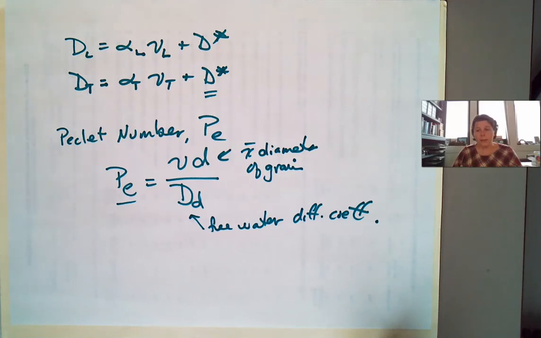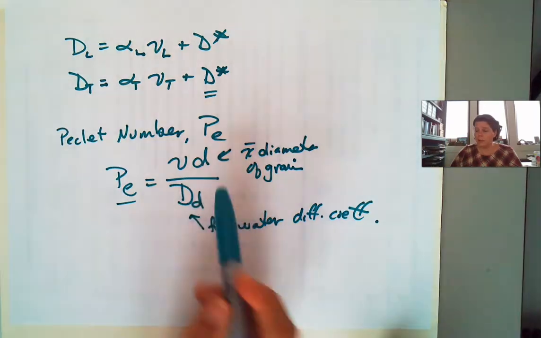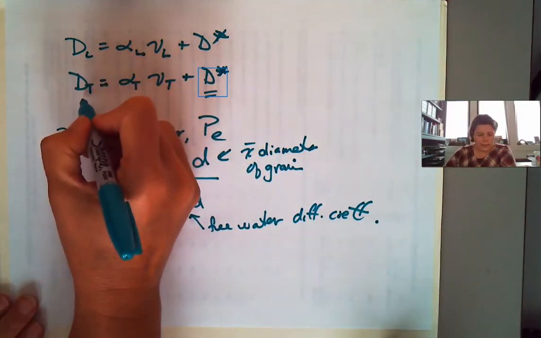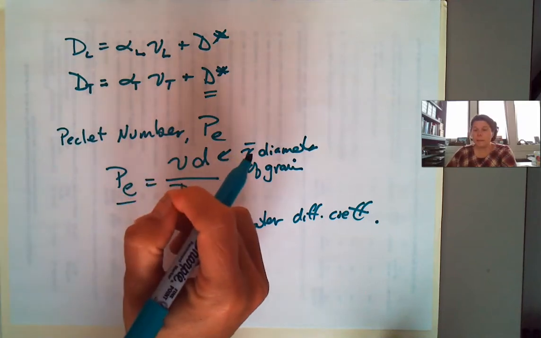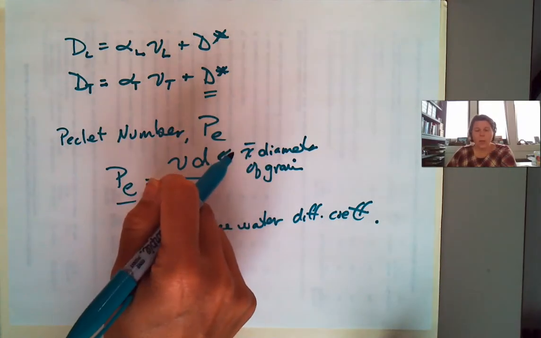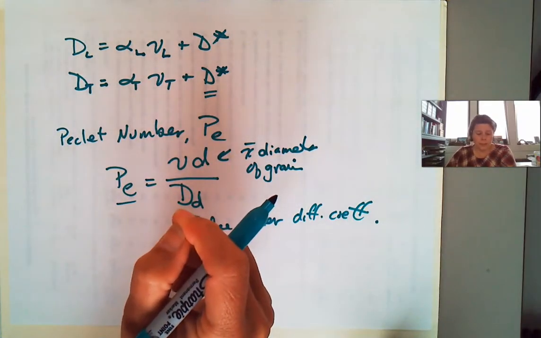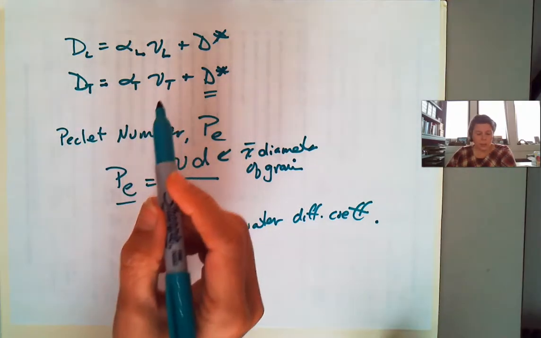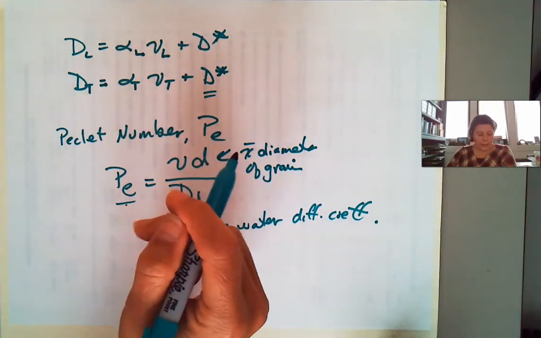So we can just put clay and put the water on top of it, and we watch the salt or whatever diffuse into there, and we can then look at these things very easily. In a diffusion dominated zone, the DL and the DT are constant and independent of Peclet number, but when the advection dispersion zone dominates, they should vary linearly with the Peclet number.